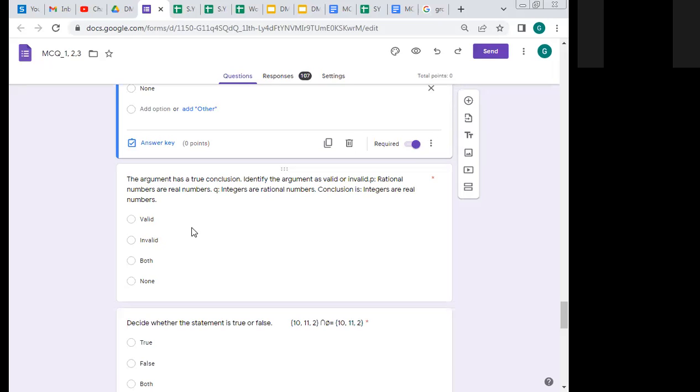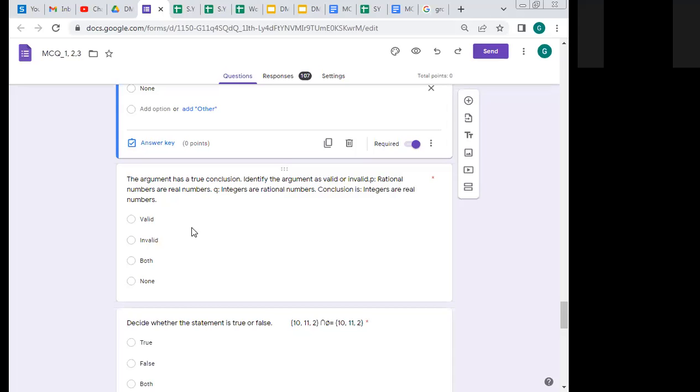Who told this one it is valid or invalid? Yes, what is the logic behind this? Actually, it's very simple. And this question is something confusing.